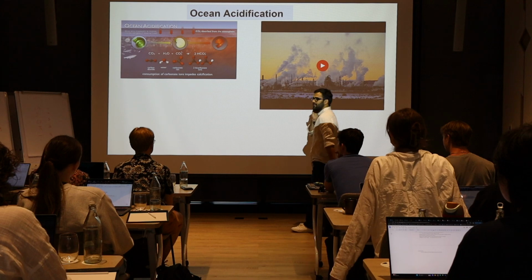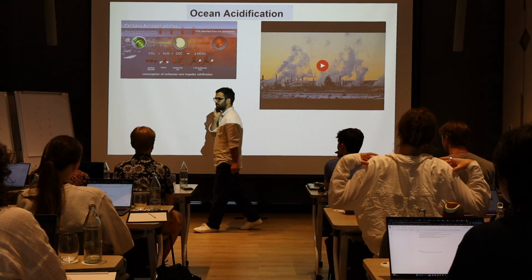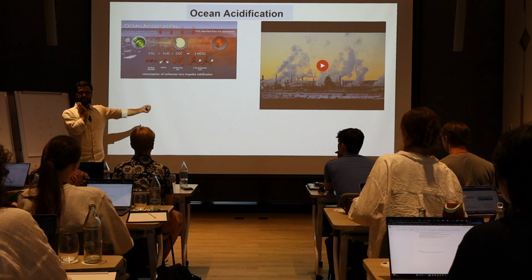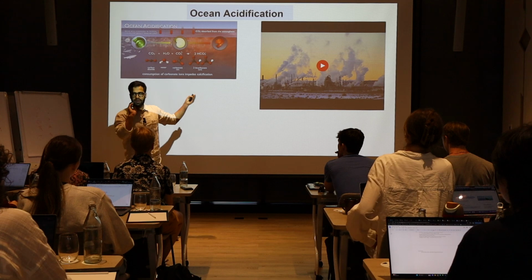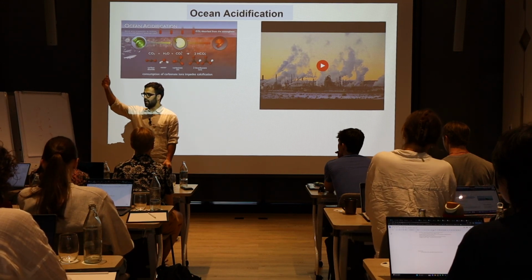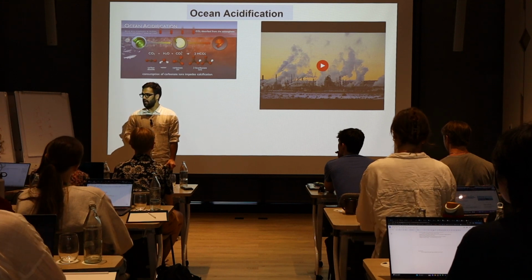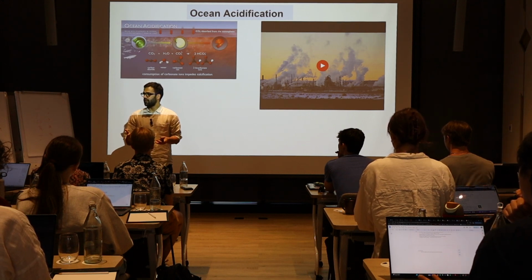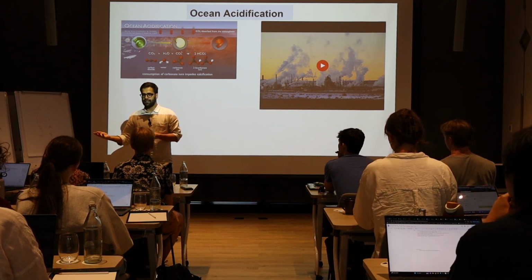So what? Well, aquatic life has a skeletal system, right, made of bicarbonate ions. Because of the acidity increase, the amount of bicarbonate ions in the ocean decreases. As a result, they don't have enough bicarbonate ions to make the shells and the skeletal system.